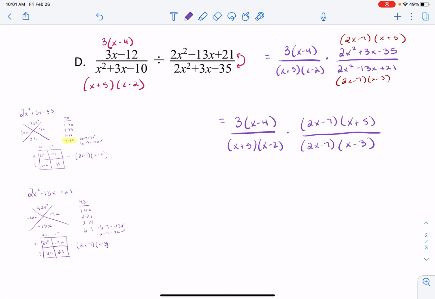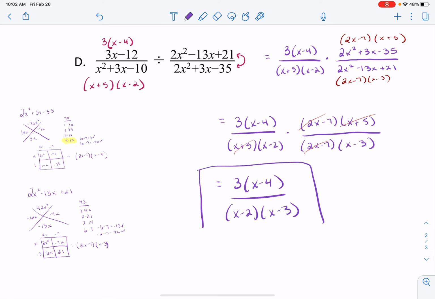All right, so let's see what we can cancel. We've got these 2x minus 7s that can go and these x plus 5s that can go. So I think what that leaves us with on the top would be 3 times x minus 4, and on the bottom we've got x minus 2, x minus 3. All right, that one was a lot of work, huh?